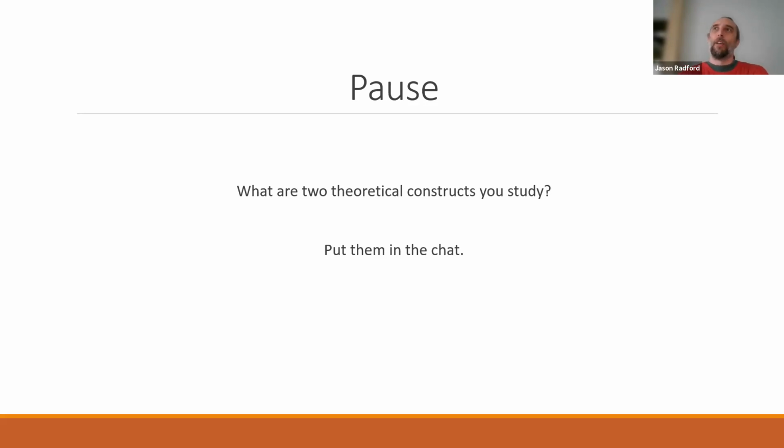Or you study COVID and mood. Just what are the two constructs that you study? I'm going to come back to these, so keep them in mind. These are the things that, if you're thinking of doing behavioral work, you think you're going to try and measure with surveys and with behavioral measures.